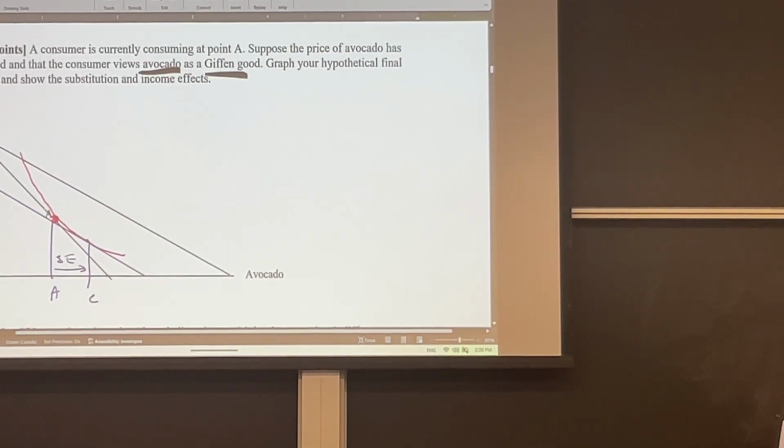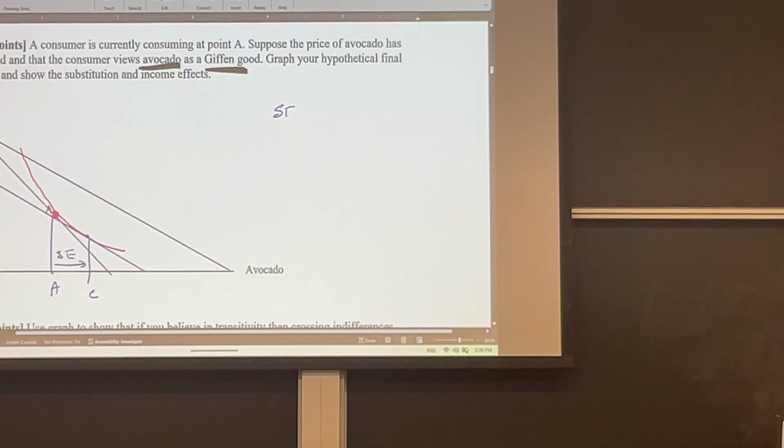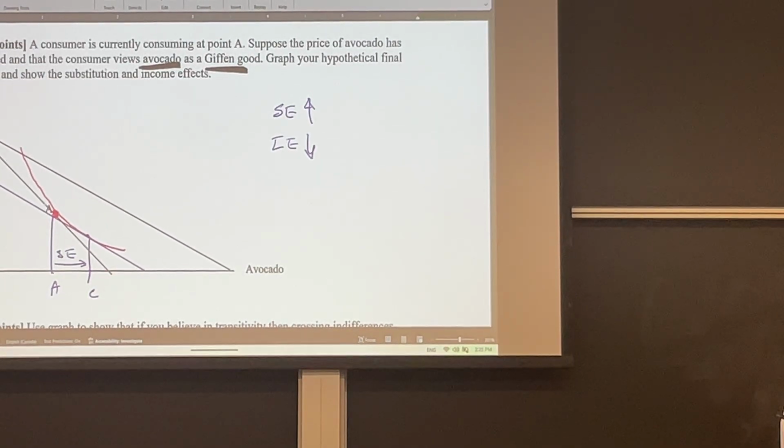So in this case, the price goes up, substitution effect says buy more. If the good is inferior, then the income effect says buy less. That's inferior. If the good is Giffen, then the income effect in absolute terms should be more than substitution effect. So you should end up buying less.